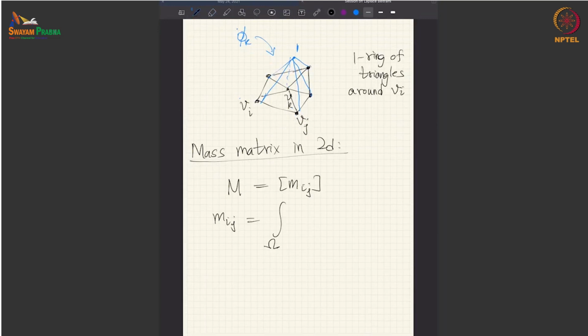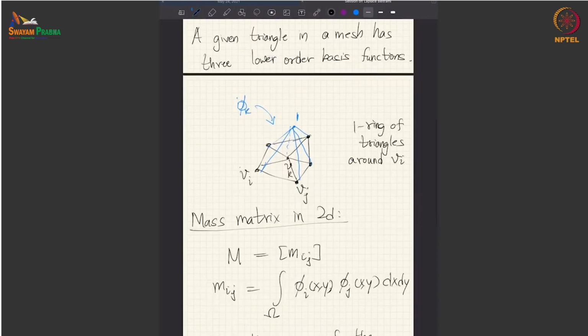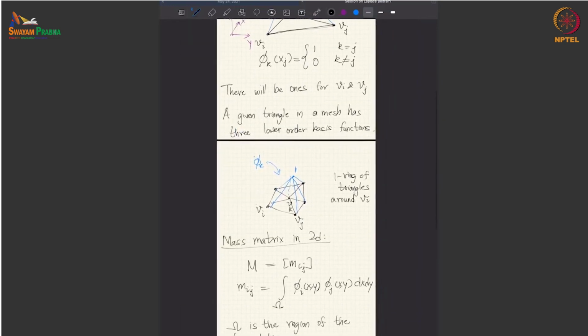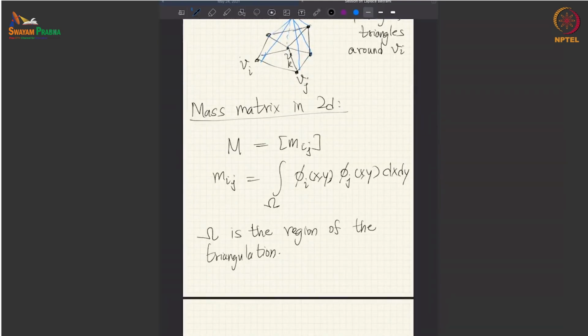I'll have something like phi I xy times phi j xy dx dy, where omega is the region of the triangulation. The triangulation itself is part of some bigger region, like that square that I showed you, and I have to integrate this product of basis functions on the whole region.